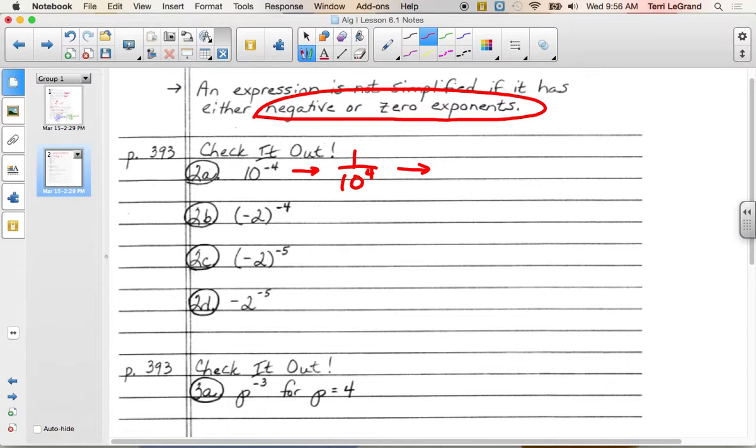So we would say our final answer is 1/10,000. And chances are, if you put that into your calculator, it would give it as a decimal. You want to check it out and see? And 1/10,000 as a decimal, I believe, goes like this, 0.0001.